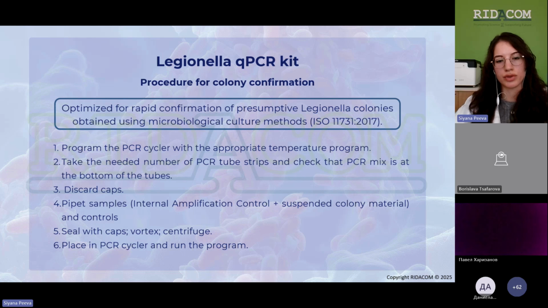Again, you have to choose the right placement of the tubes so we get the appropriate results, and then run the program. So these were all the procedures from the Legionella qPCR kit, which you can use for colony confirmation and also detection and quantification using a standard curve.